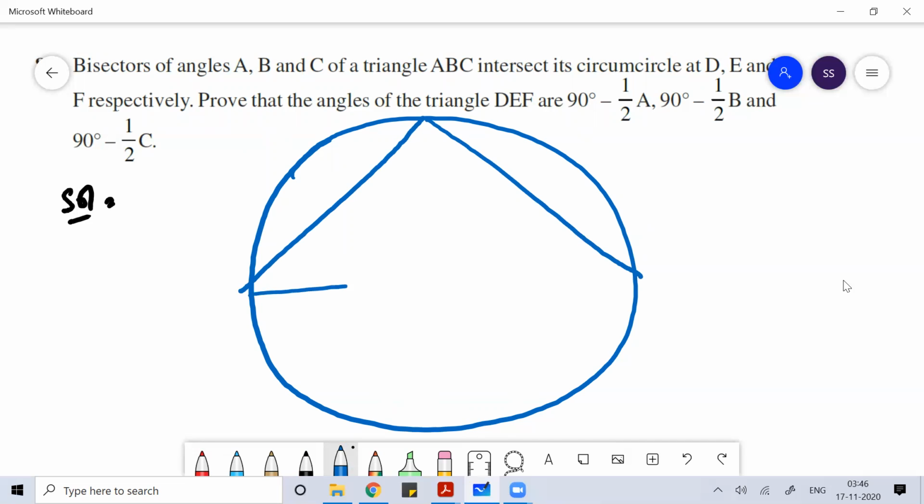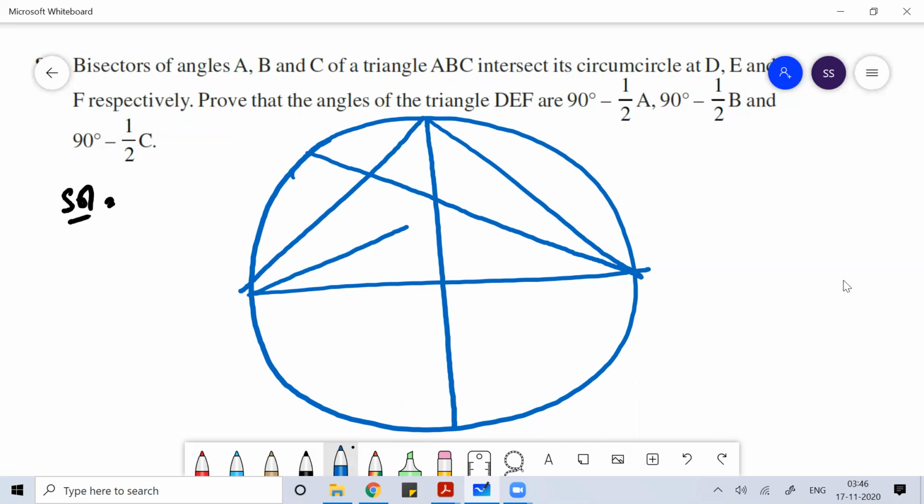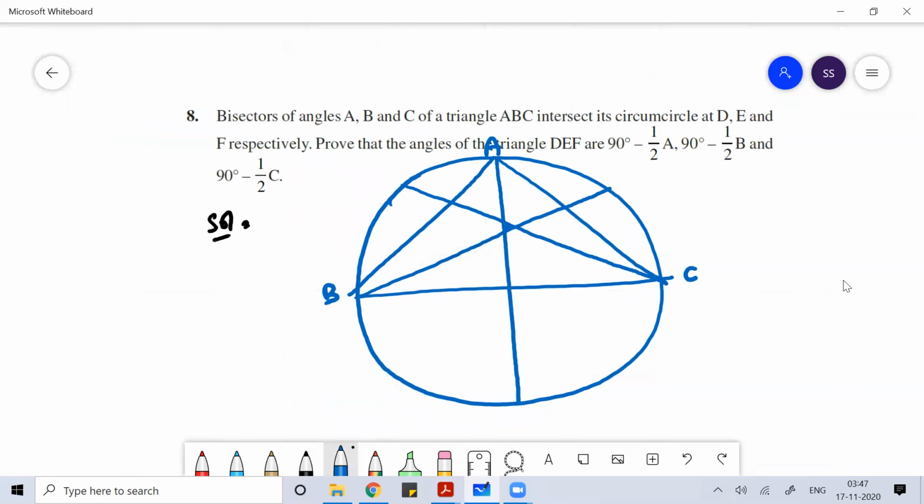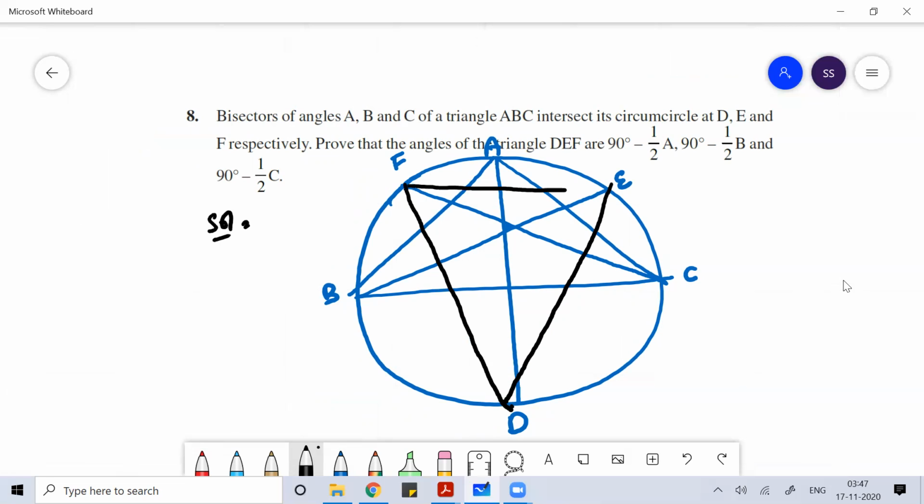So see, this is triangle ABC. The bisector of angle ABC intersects the circumference at D, E, F. So it's very simple.